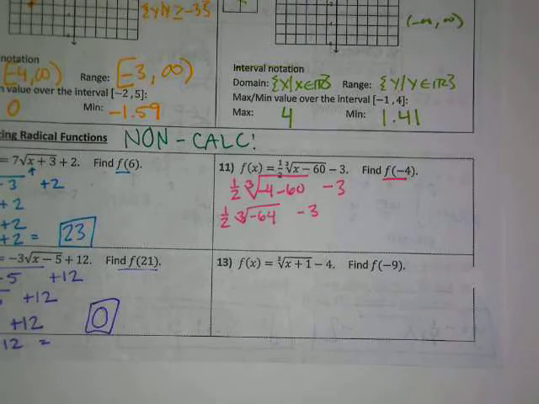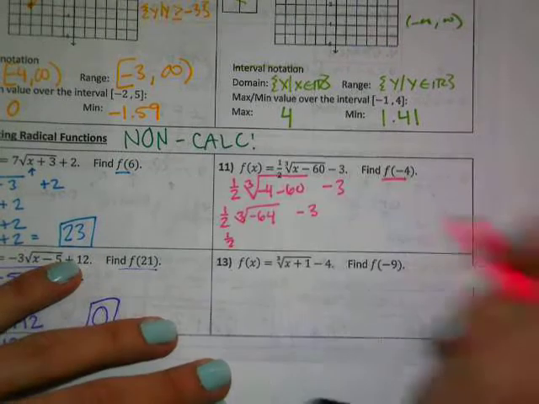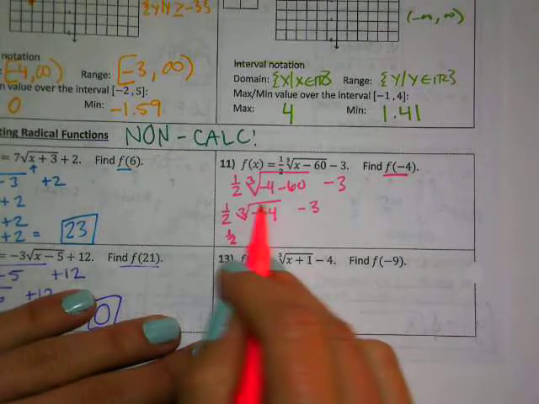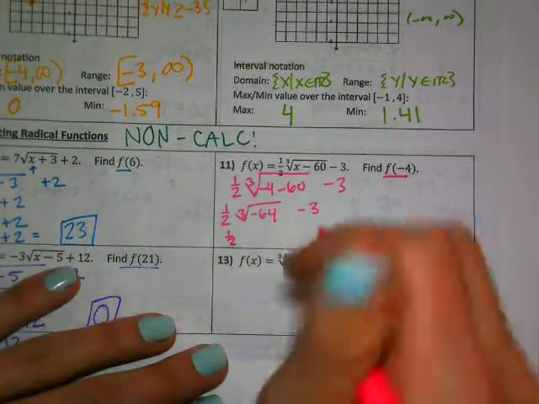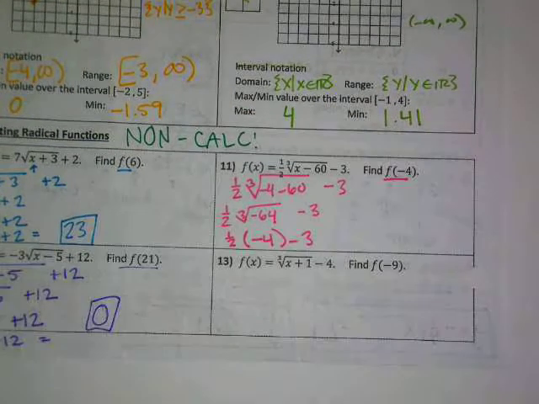Okay, and the cube root of -64 is 4. Close. -4. Why do you put the -3 all the way to the outside? Because it's not inside the root. So I just don't want to get confused. So the cube root of -64 is -4.